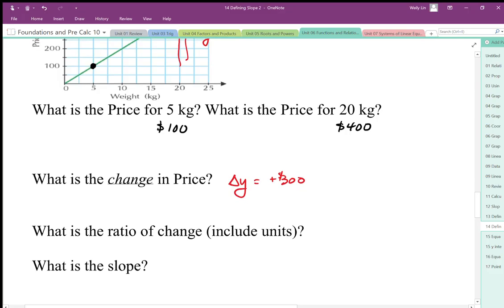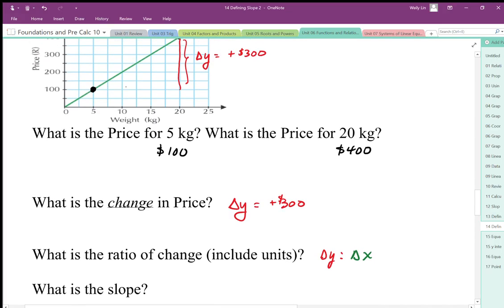So the ratio of change then is going to be our change in y compared to the change in x. So we need to work out our change in x. Our change in x here works out to be 15 kilograms.